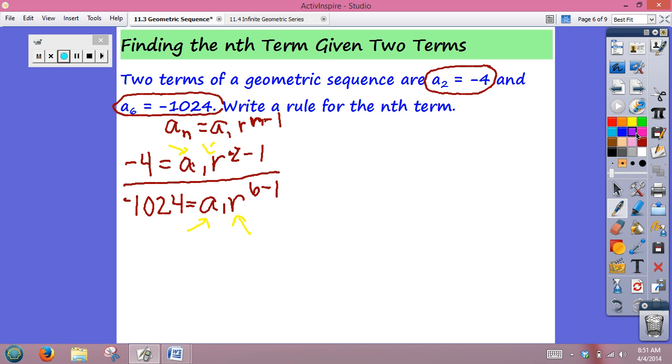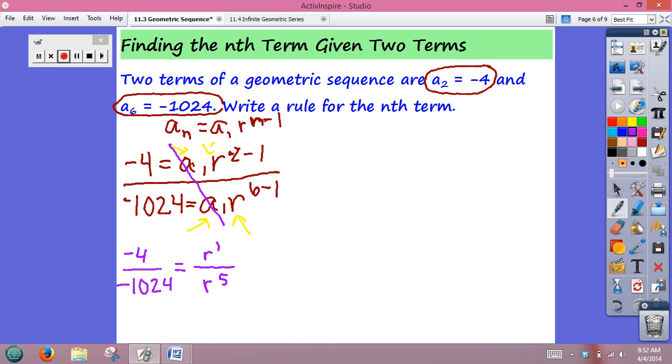So from here, if we divide these out, we can cancel our a1s. We're left with -4 over -1024 is equal to r to the 1 power over r to the 5th power.